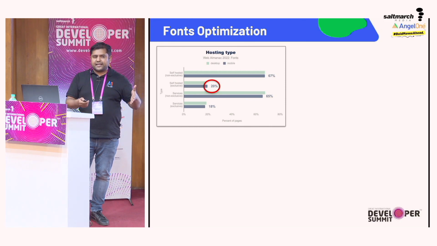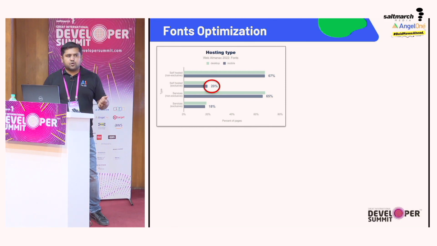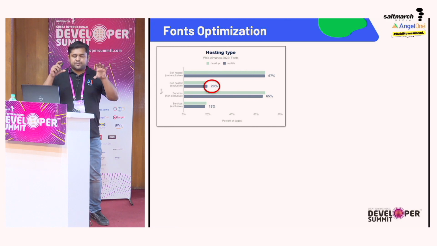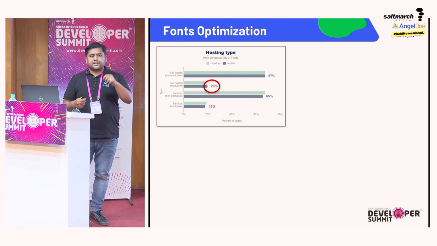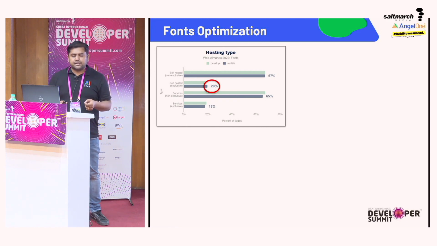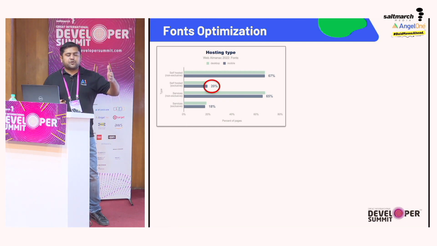Previously, there was a benefit of using a third party. Suppose there is a website A and website B. Website A is a popular site which the user might already be visiting, and if website A and B depend upon the same font, the moment the user opens website B, it will find that font in the cache because of website A. The user already visited website A, so that font is in the cache.